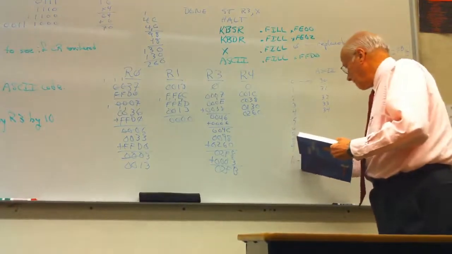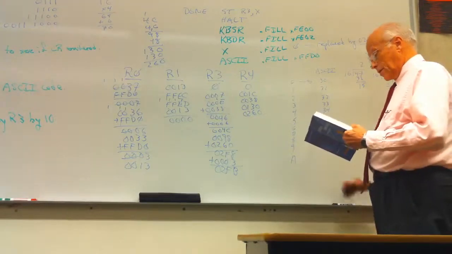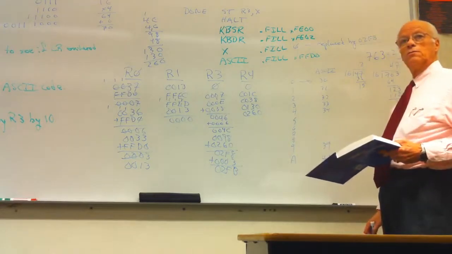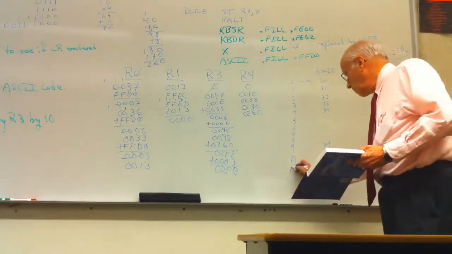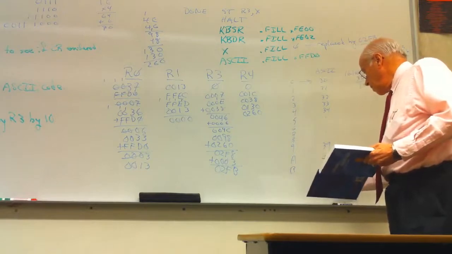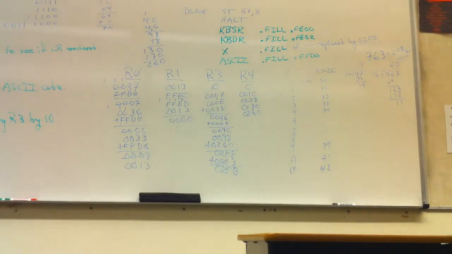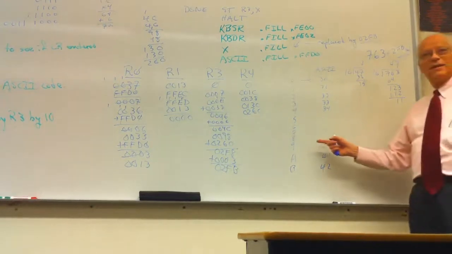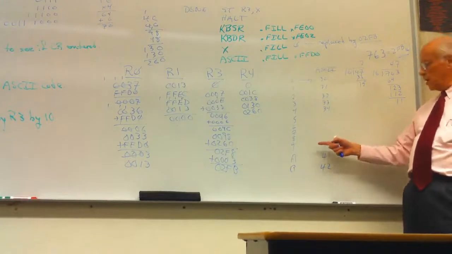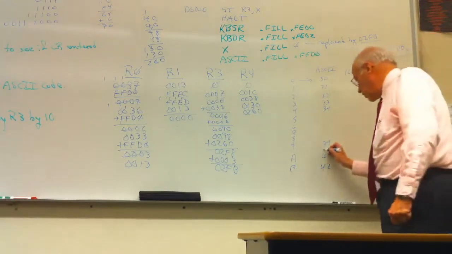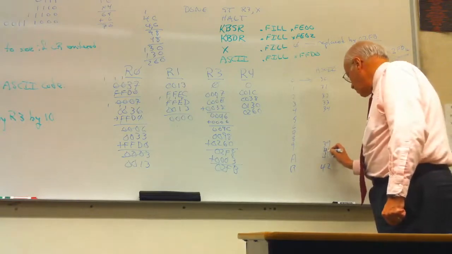A comes at 41. Fortunately, once you get there, they do come right together. It would really be nice if we could convince them to modify the ASCII code. There's a character that comes between these, ASCII code 40.